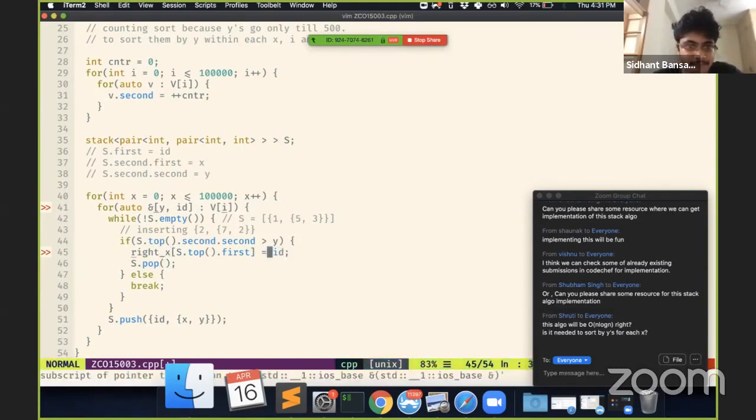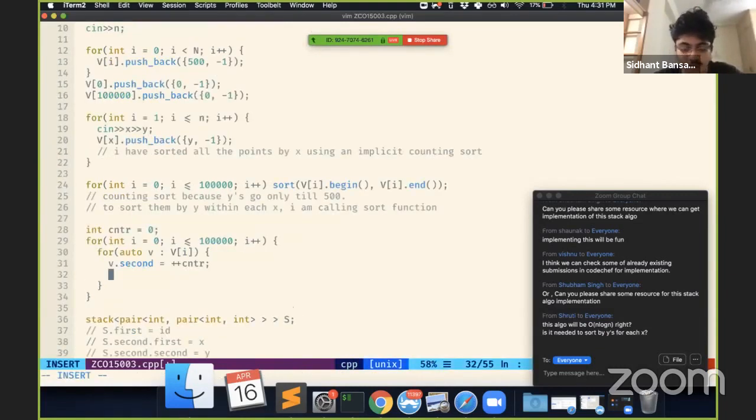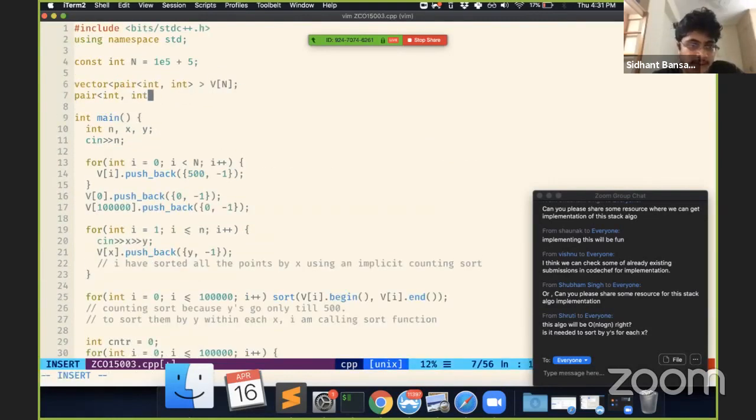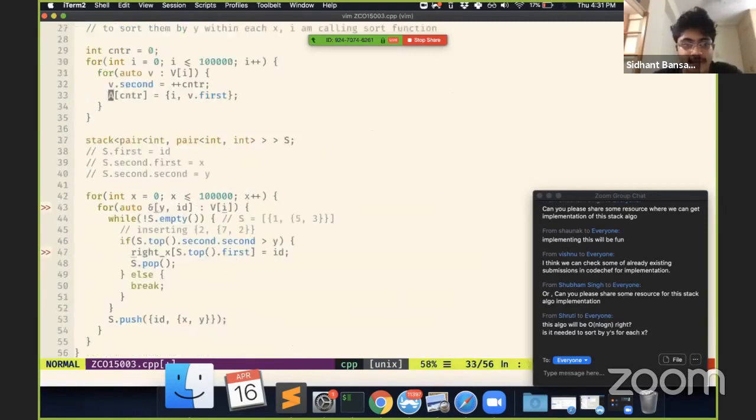So after doing this, we can also do a counter equal I, b dot first. Because I'm inserting some dummy elements, that's why it's 2 times n, right? And here I'm saying a counter, that is this ID's guy, x coordinate is I and y coordinate is v dot first.